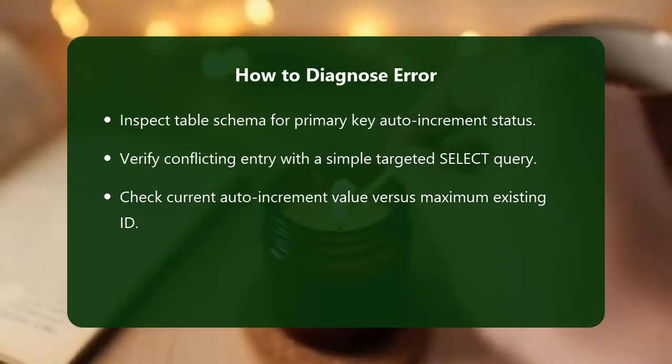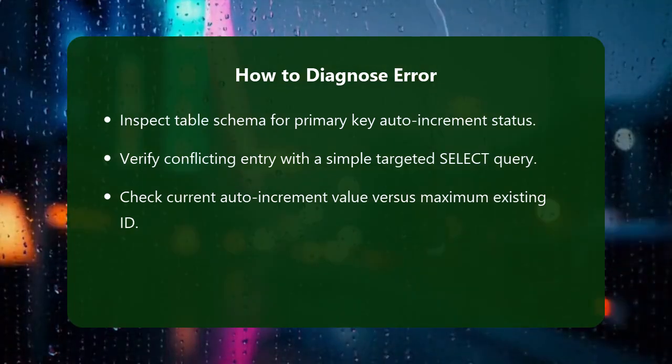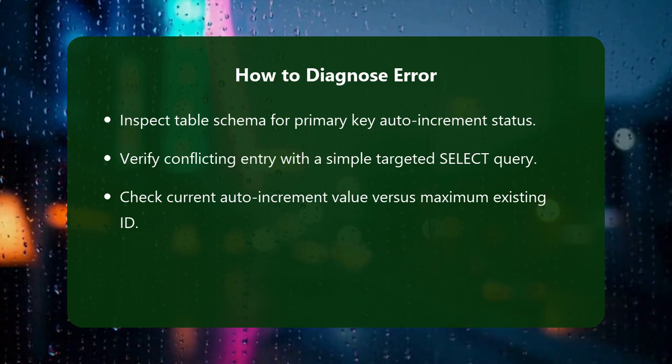Select from your table where ID equals 1, replacing your table and 1 with the actual table name and conflicting value. If it returns a row, you've confirmed the duplicate.